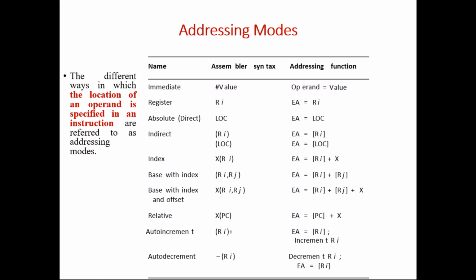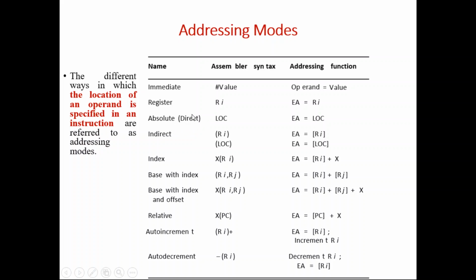So let us discuss the commonly used address modes in a typical processor. This table gives a brief overview about the commonly used address modes. These are the various commonly used address modes: immediate address mode, register address mode, absolute or direct address mode.